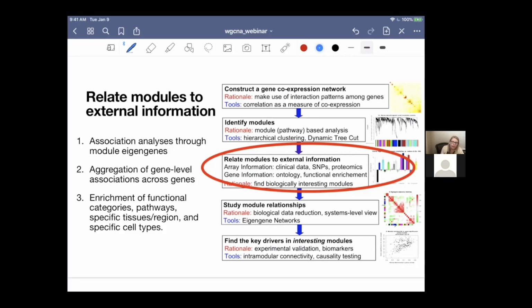And then finally, to get an idea of function of the module, we can use some of our enrichment techniques to get at what known functions there are of genes in that module, so that we can start to infer what biological processes, what tissues, what cell types this module represents.